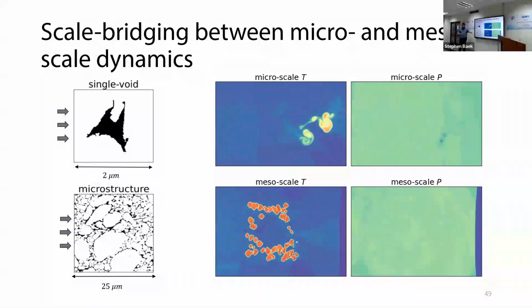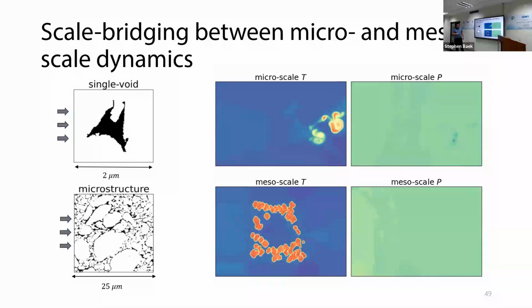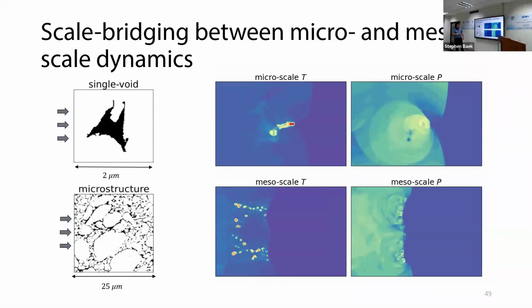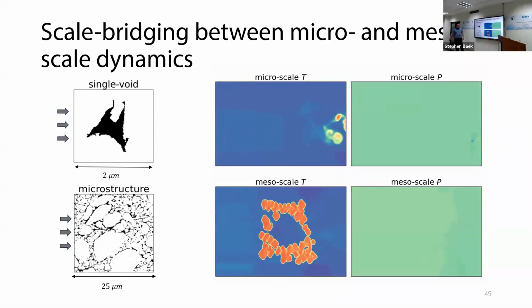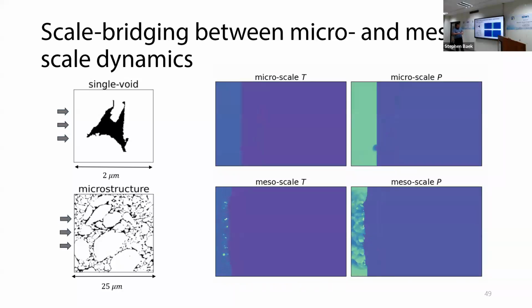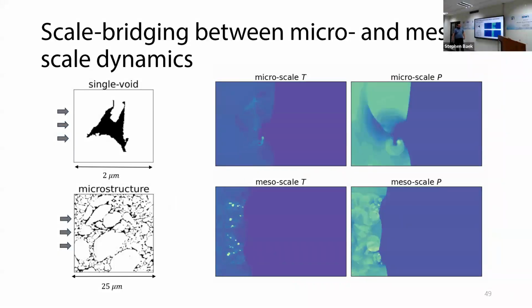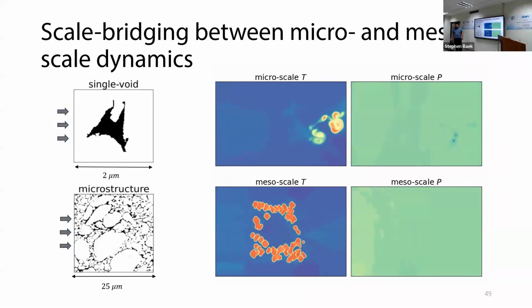But if you zoom out and go to the mesoscale, where you have a collection of those voids in the microstructure, then as a combination of those single void phenomena, you have a much more sophisticated pattern like this.